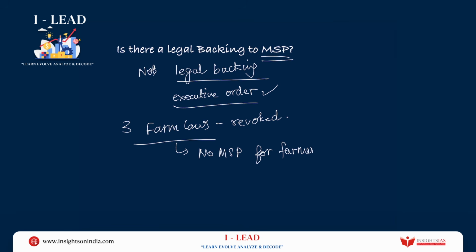The farmers got scared because of this, and there was a lot of hue and cry. They got together, protested in front of Delhi, and finally the laws were revoked. So you see how much of a political suicide it can be to touch MSP. Right now it has become like a ticking time bomb.